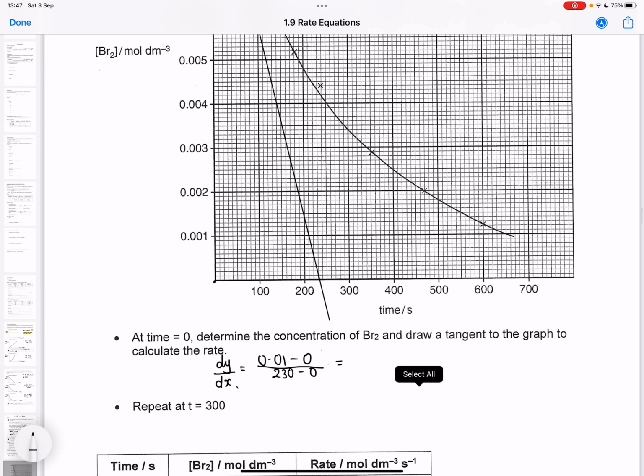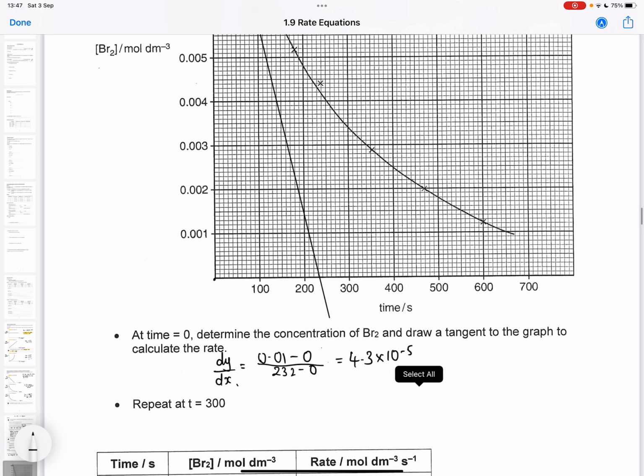So I can work out my gradient. Just over 230. Let's call it 232. We're getting 4.3 times 10 to the minus 5.